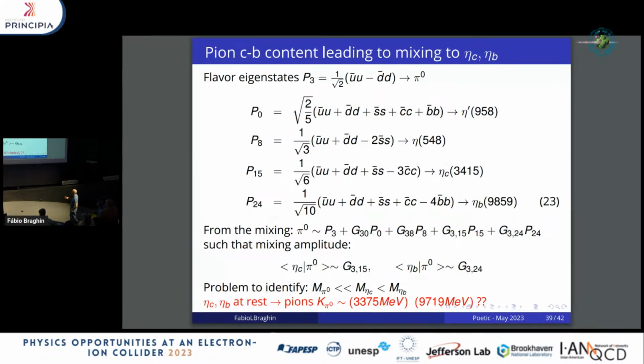So maybe there's a way of detecting neutral pion from this transition of eta B and eta C. These are teeny effects, so I don't know how this sort of contribution would be seen experimentally. If you take eta C or eta B at rest, we have a still good estimate for the kinetic energy of the neutral pions that should be taken.